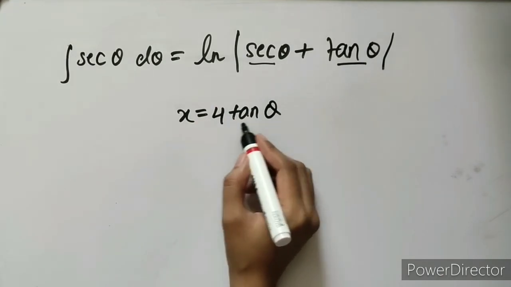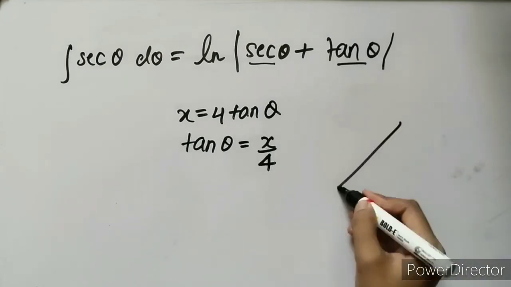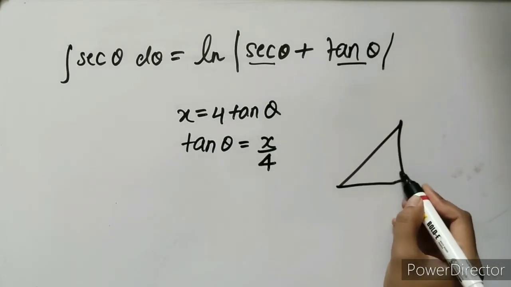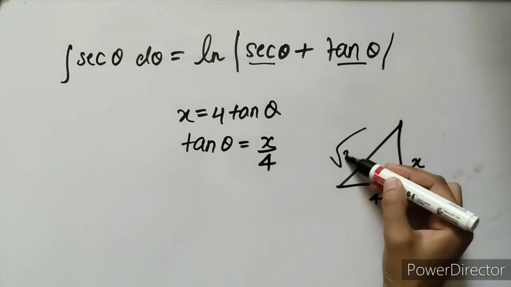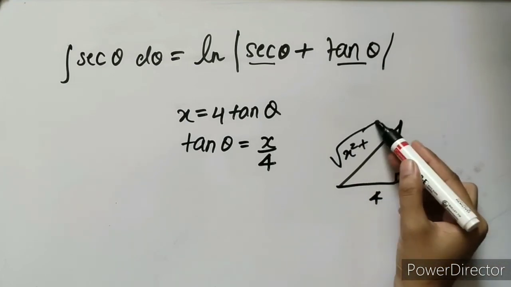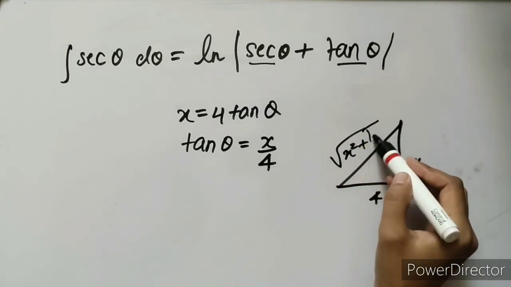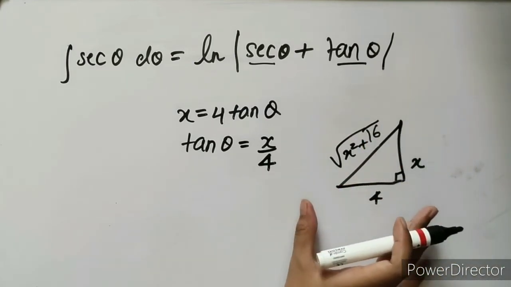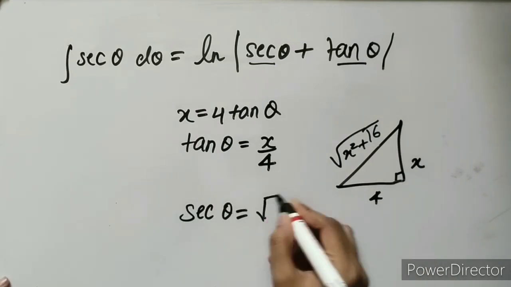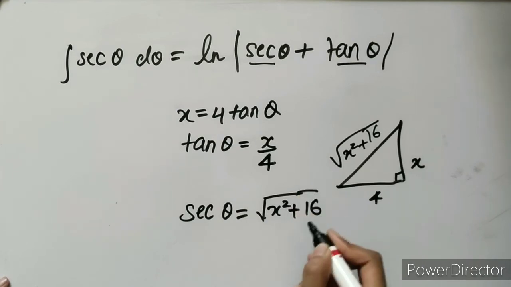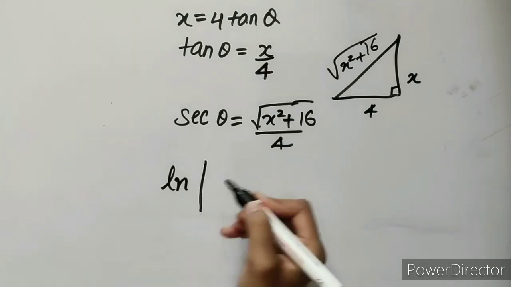You can get the value of tan theta from over here, that is tan theta is equal to x by 4, which is, if this is a right triangle, it will be 4 and this will be x, and the hypotenuse will be the square root of the sum of the squares, that is root of x square plus 16. So from this right triangle, you can get the value of sec theta, which is root of x square plus 16 by 4.